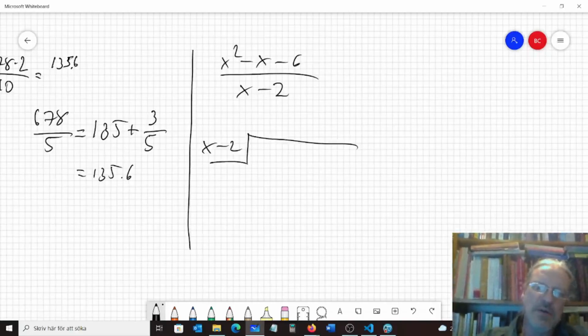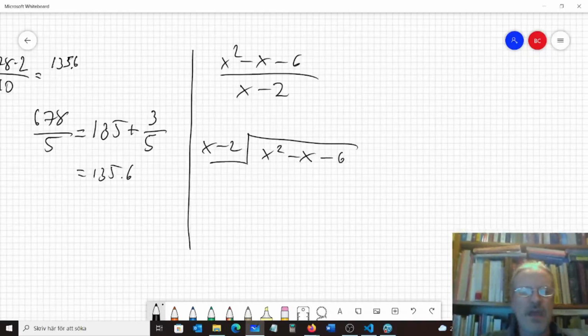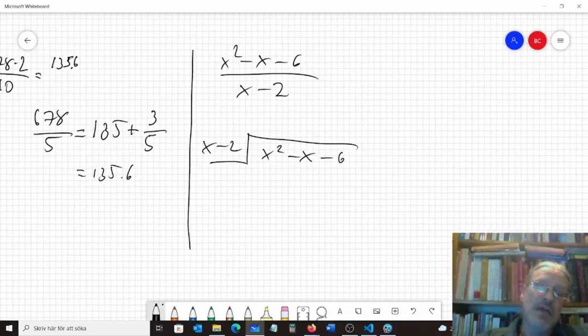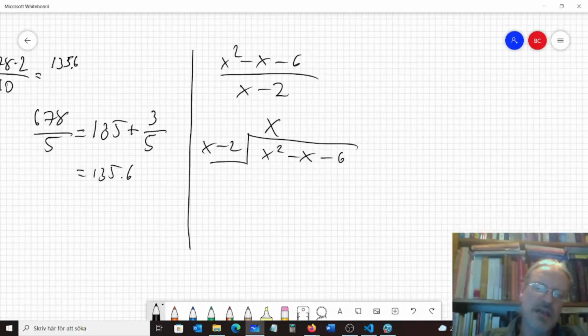X minus 2, x squared minus x minus 6. And we just look at the x here. How many times does x go into x squared? In other words, x squared divided by x. That will be x times. We have now handed out x minus 2's, so we multiply these together. X times x minus 2 is x squared minus 2x.